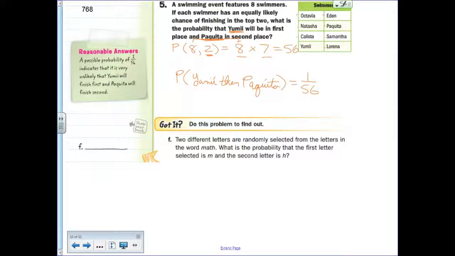Pakita then Yumi would be 1, but that wouldn't be putting Yumi first. It would be putting Pakita first and Yumi second. So probability is 1 out of 56.